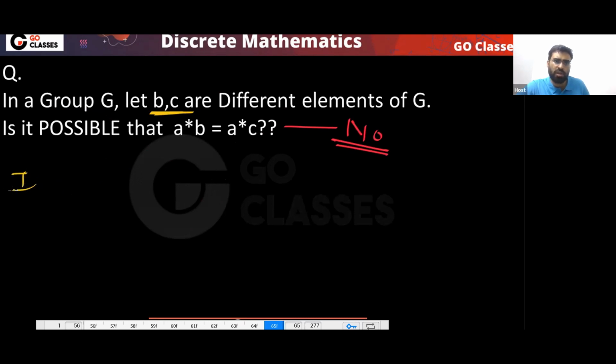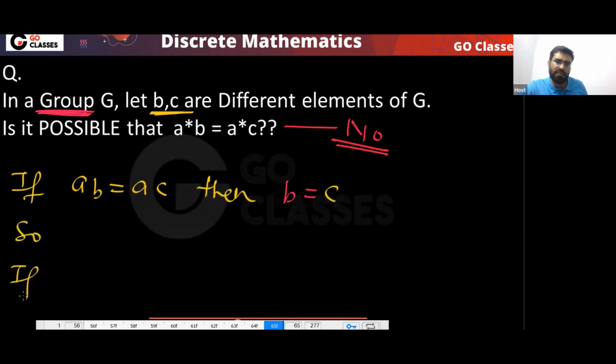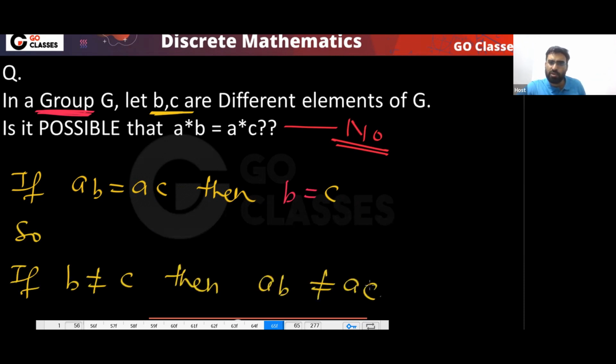See, you already know that if AB equal to AC, then what will happen? Because it is group, you can do left cancellation. If AB equal to AC, then B equal to C. And what is the contrapositive? If B is not equal to C, then AB is not equal to AC.